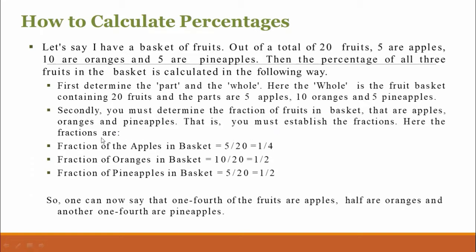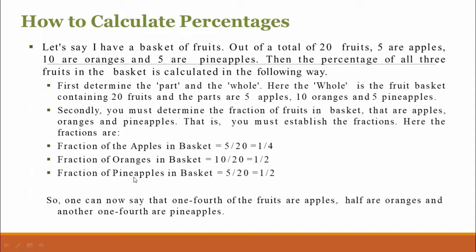Here the fraction for apple is 5 by 20. 5 is the part of apple and 20 is the whole total. So the fraction for apples is 5 by 20, which means 1 over 4, the simplest form of this ratio. And 10 by 20 is the fraction of orange, which after simplification gives 1 over 2.